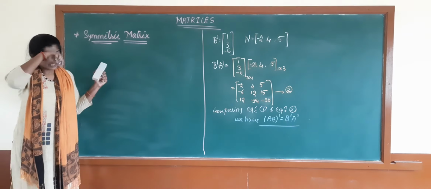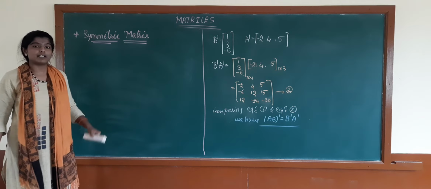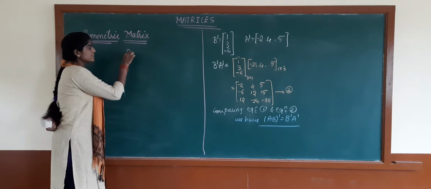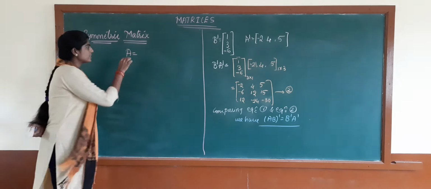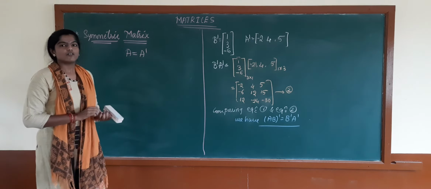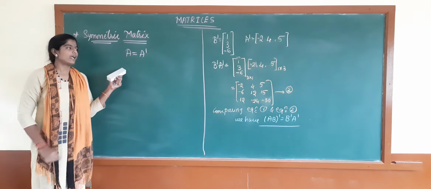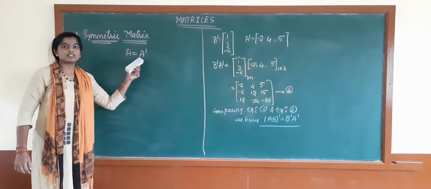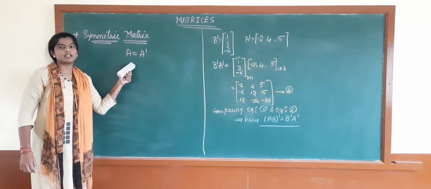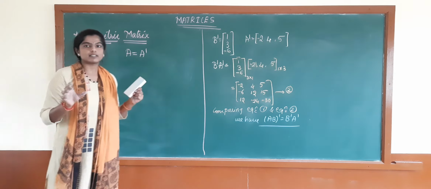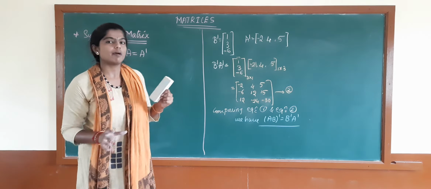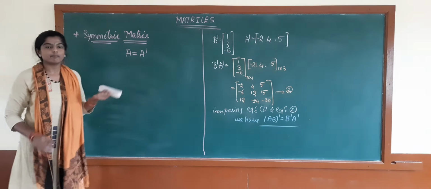On that extended part we have the symmetric matrix. So a matrix A is said to be symmetric if A is equal to A transpose. It means if you have a matrix A and its transpose is also equal to that matrix, it is called a symmetric matrix.